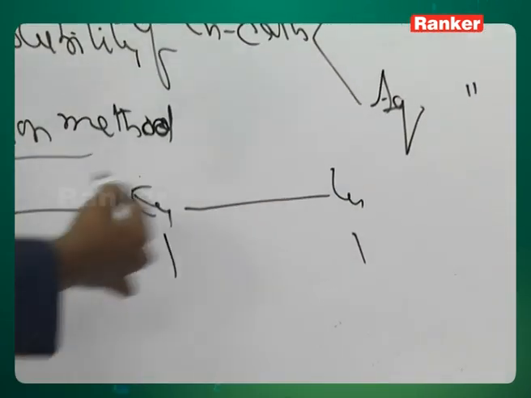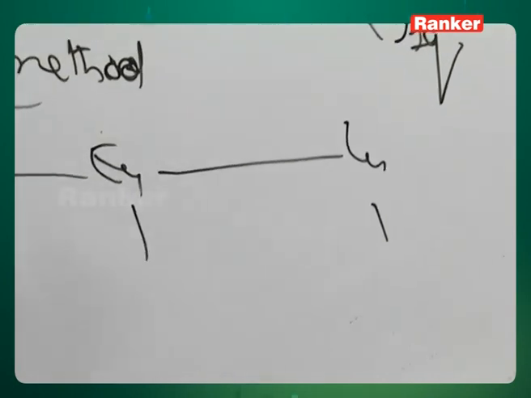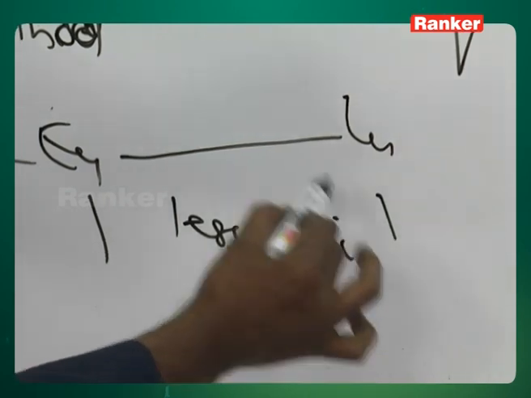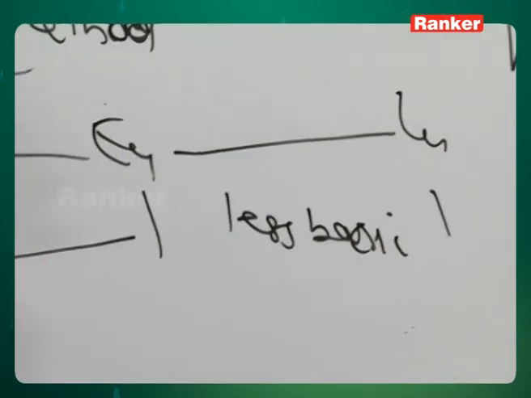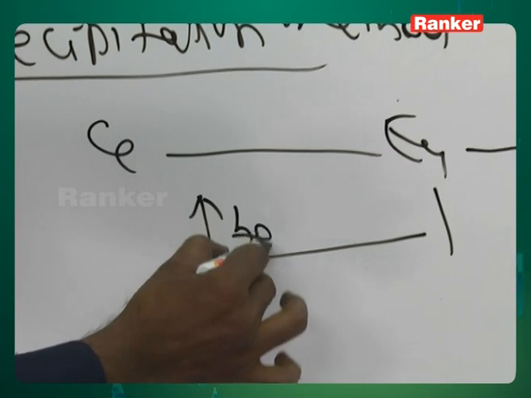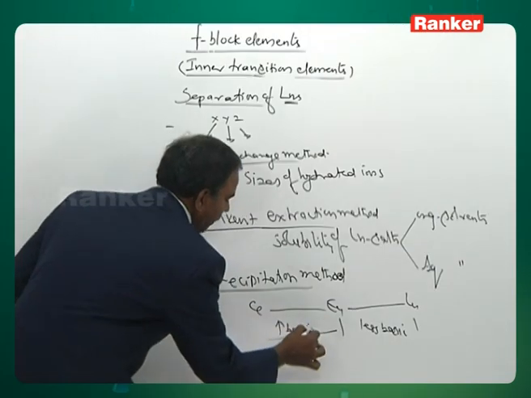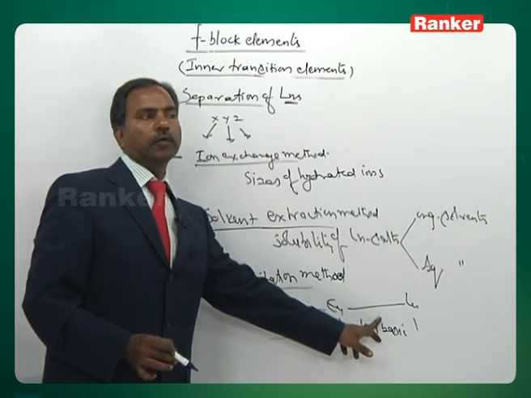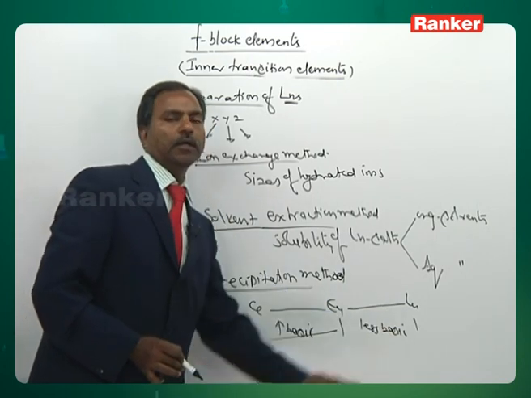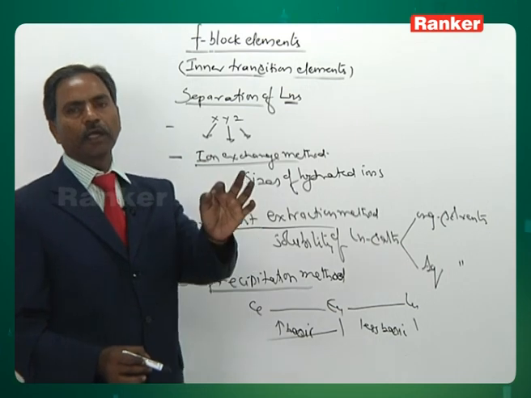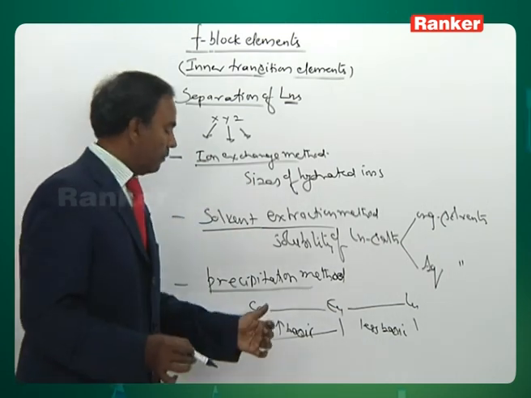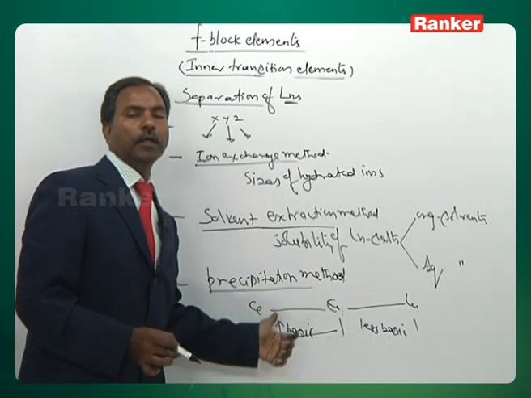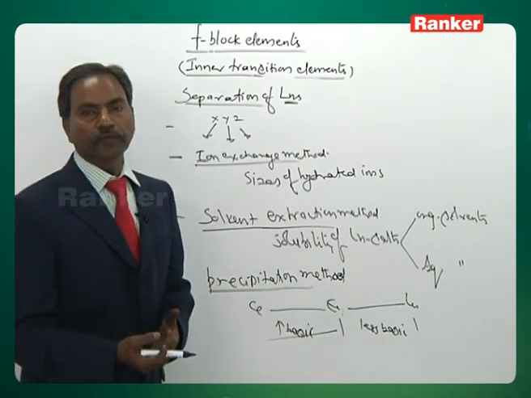The right side, the second half of lanthanides, is less basic, and the left side is more basic. The less basic ones require very few hydroxide ions to be precipitated. But to precipitate cerium to europium, as their basicity is more, a higher concentration of hydroxide ion is required.